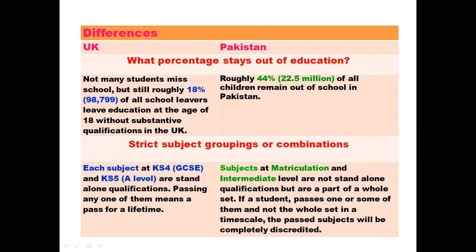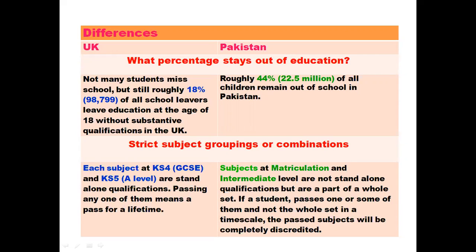Another striking difference between the UK and Pakistan education system is that in the UK, each subject at Key Stage 4 GCSE or Key Stage 5 or even other qualifications are standalone qualifications. Passing any one of them means a pass for a lifetime.